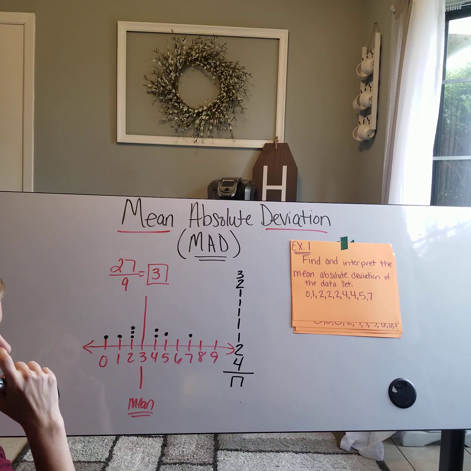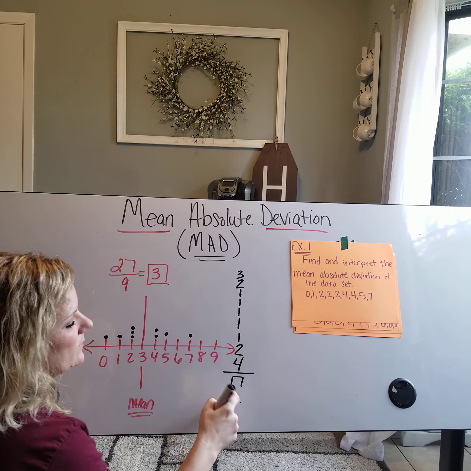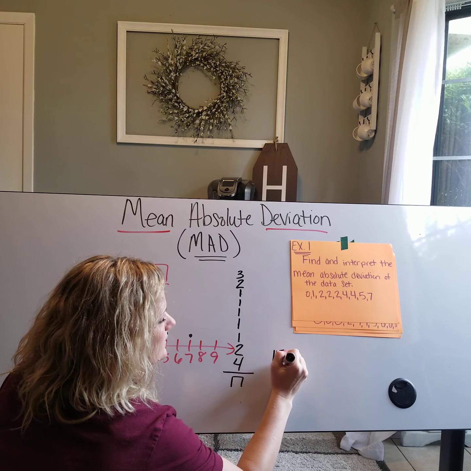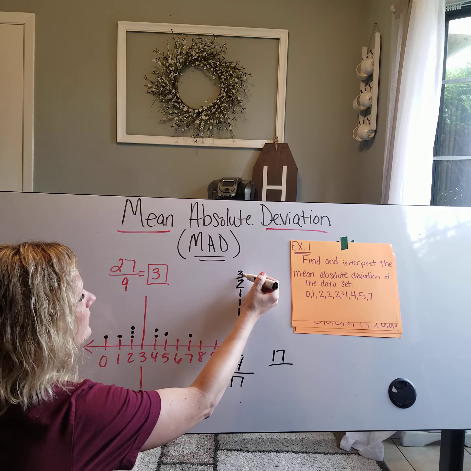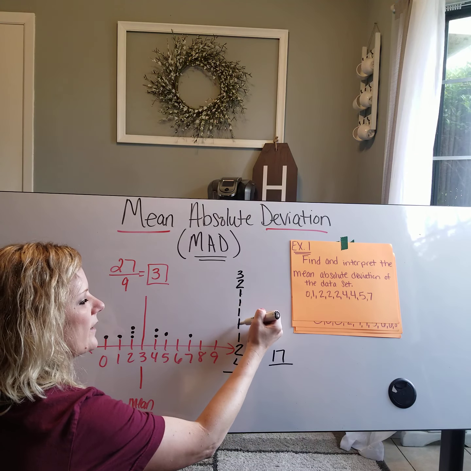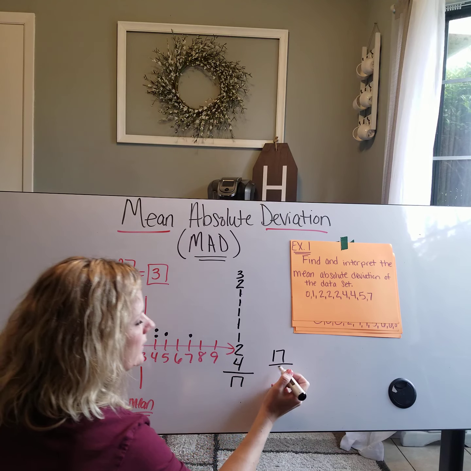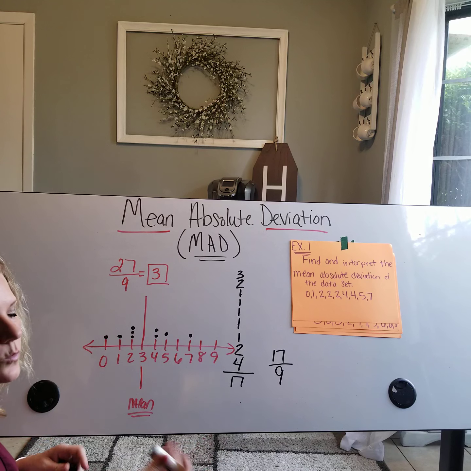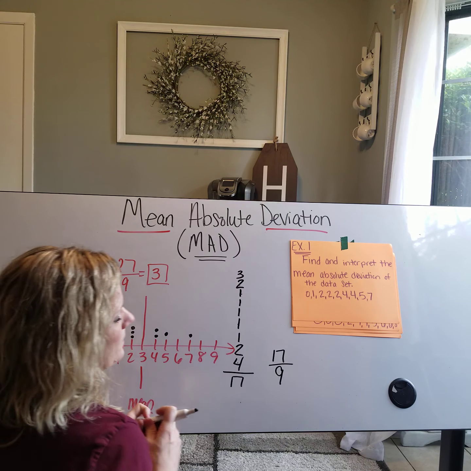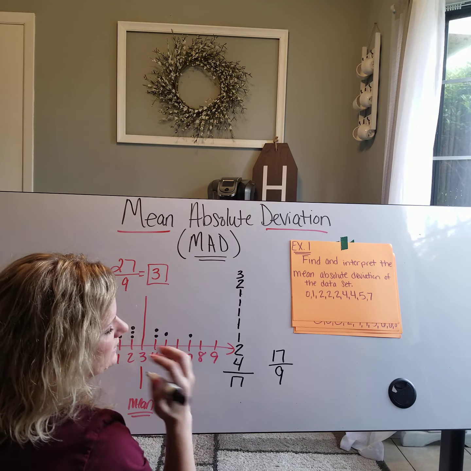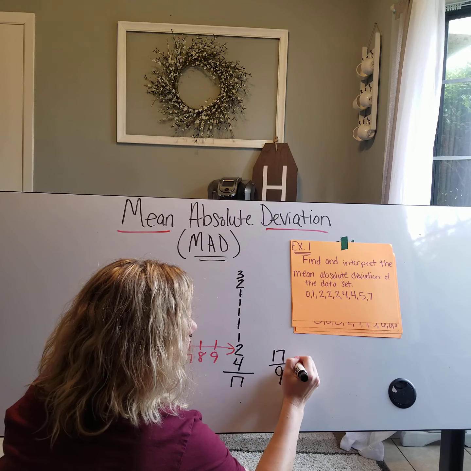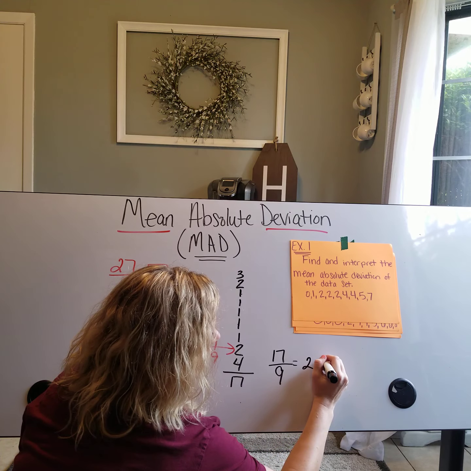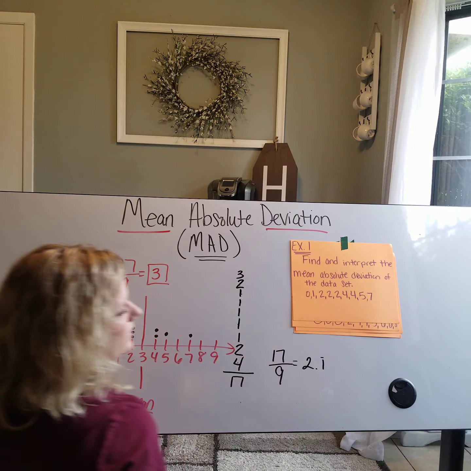Okay, so there's about 17 places, but in order for us to find the mean again, we have to do 17 divided by how many do we have? 1, 2, 3, 4, 5, 6, 7, 8, 9. Okay, and you should have 9 on both, or whichever number is in your data set on both. So then we're going to do 17 divided by 9, and you should get about 2 and 1/10 repeating.